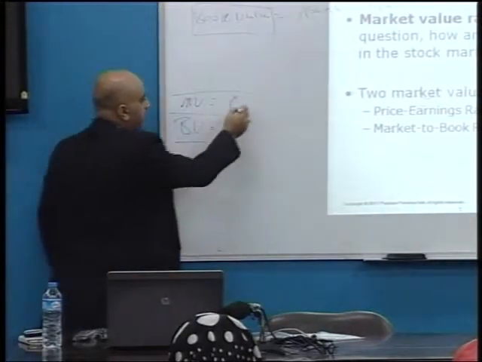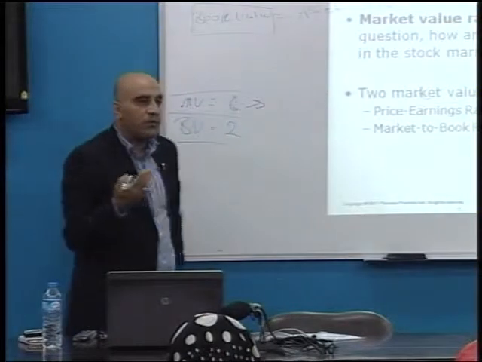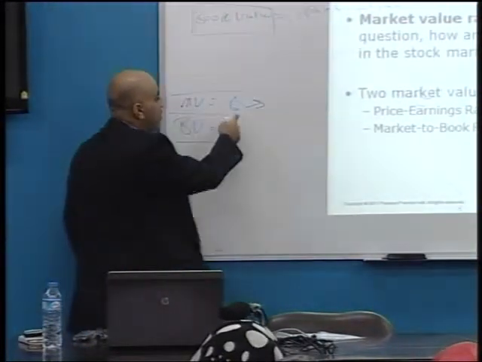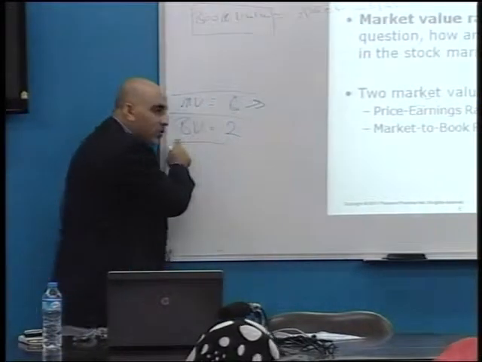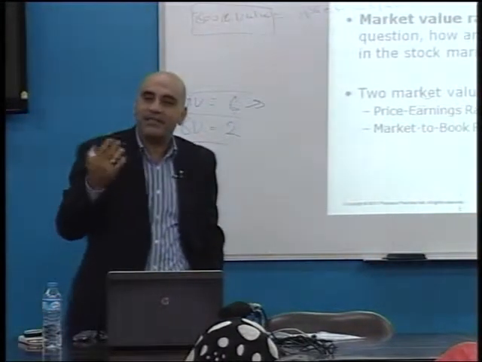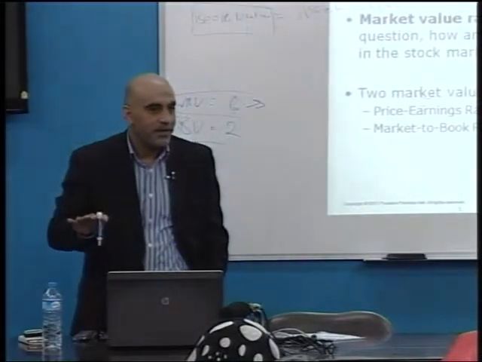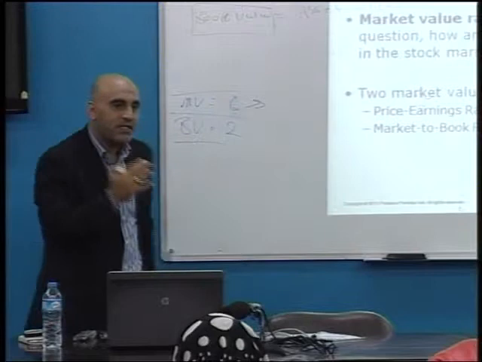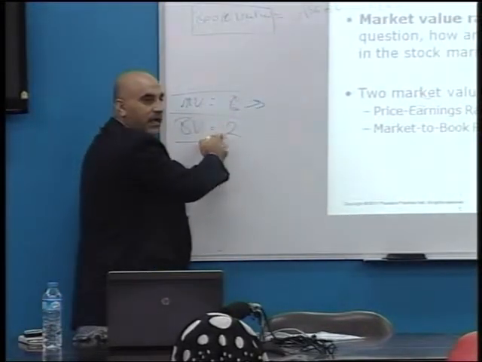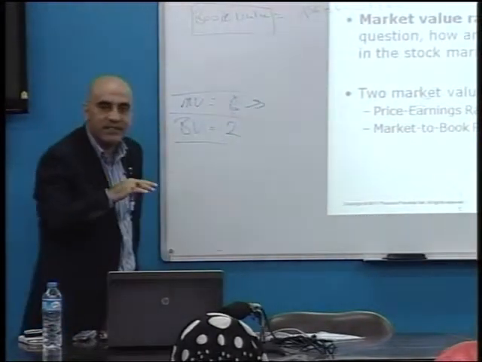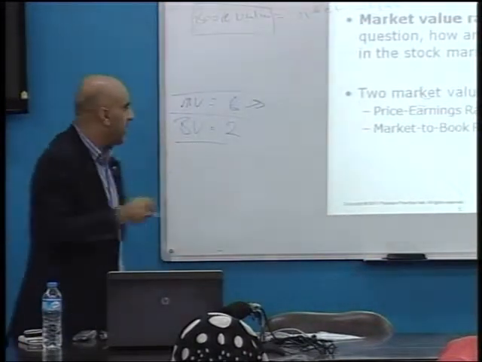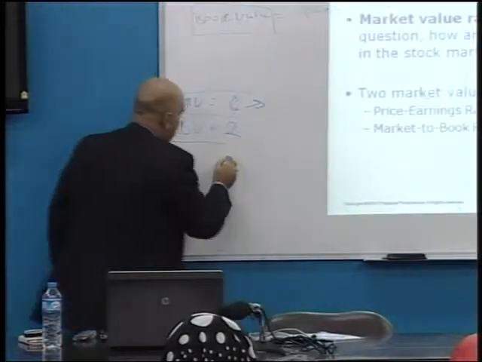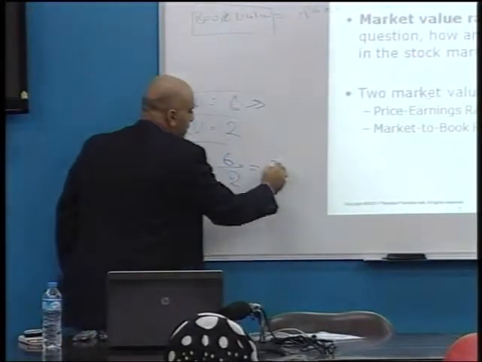It means if I want to buy or sell the share in the financial market, it's traded at $6. But if I want to liquidate the company, the rest is only $2. So there is a difference between the market price and the value of the business in the books. The market to book value ratio is 6 divided by 2, so it's 3.